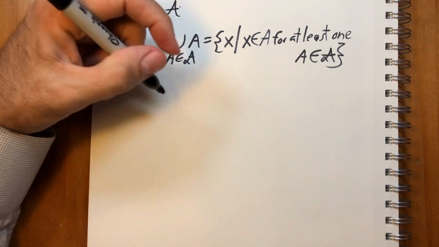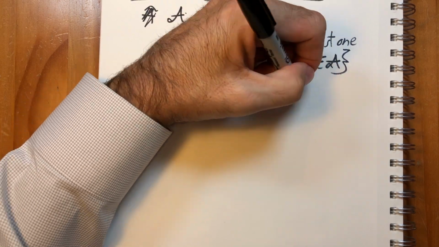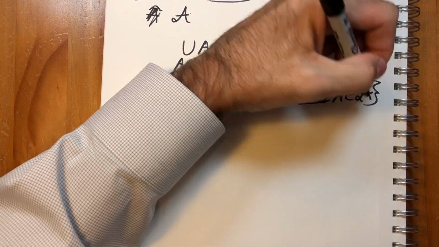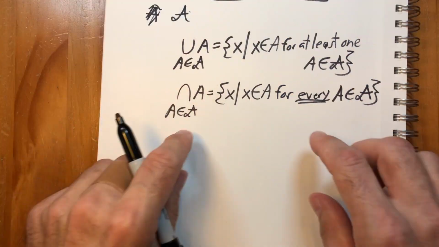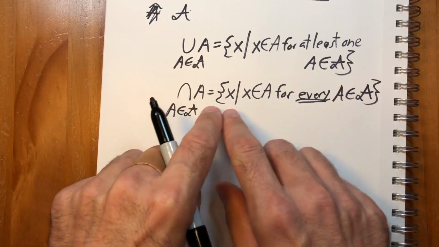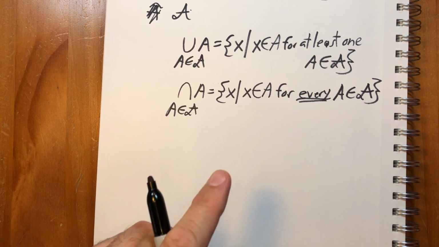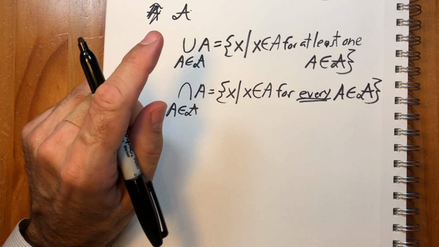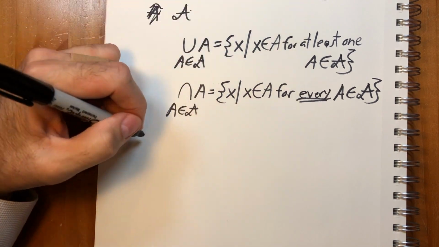Okay, and then the intersection is defined the same way. So this just means you take all the sets and take all the elements of every set. This means it's only the elements that are in every one of them. Okay, that's pretty easy. There's no problem with these definitions if one of the elements of the collection happens to be the empty set.